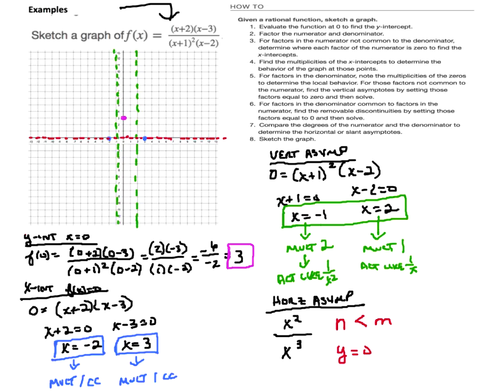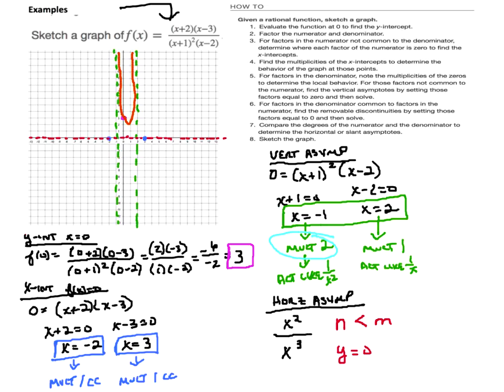So I know I go through 1. Now, this is where you would want to go to your graphing calculator to see what the shape looks like. You could start plugging in other values if you wanted to, but we're just sketching. And so what I find out is that this portion of the graph comes down along that asymptote, and then it dips down through and then I go back up. Okay.